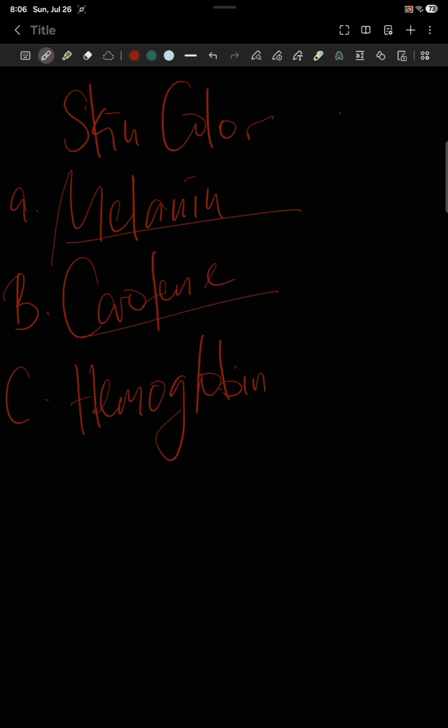So when they say that when they eat carrots, their skin turns yellow-orange. Yes, and then hemoglobin, which is a pigment in red blood cells.